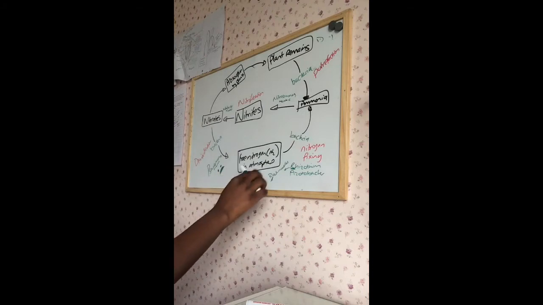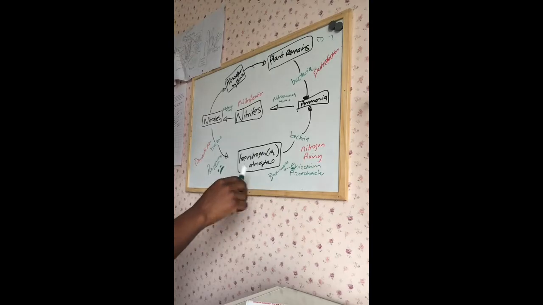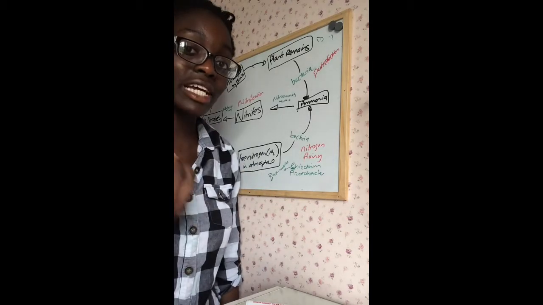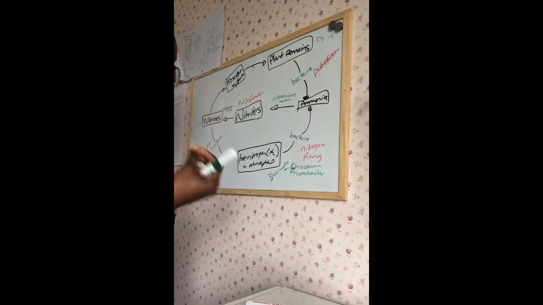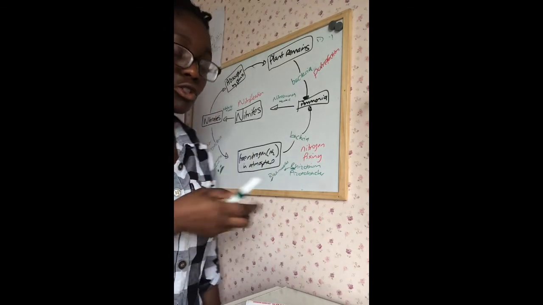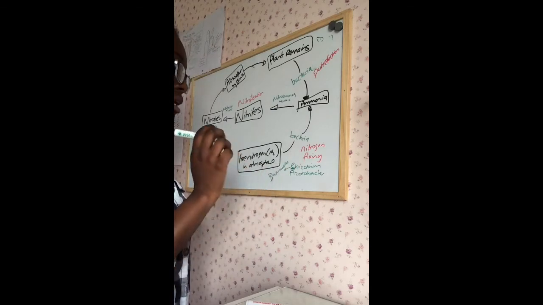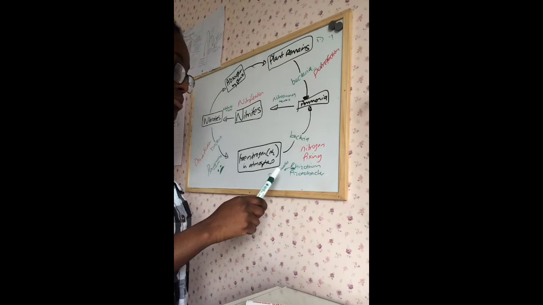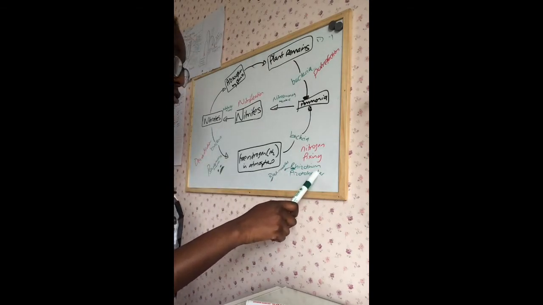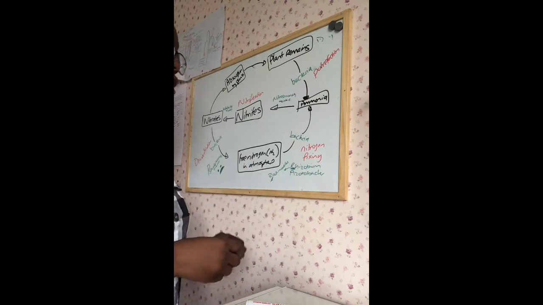And you have here nitrogen fixation, which is the process by which free nitrogen in the atmosphere is directly converted into ammonia by nitrogen fixing bacteria such as rhizobium. Rhizobium is found in the root nodules of legumes such as peas, beans and clovers. And Azotobacter is a free living bacteria found in the soil.